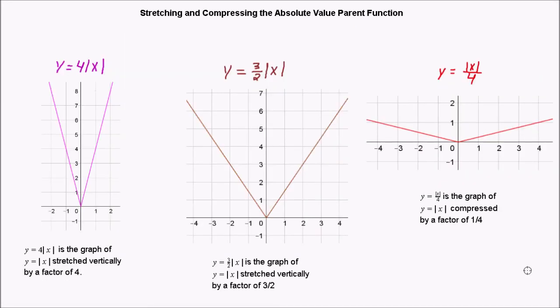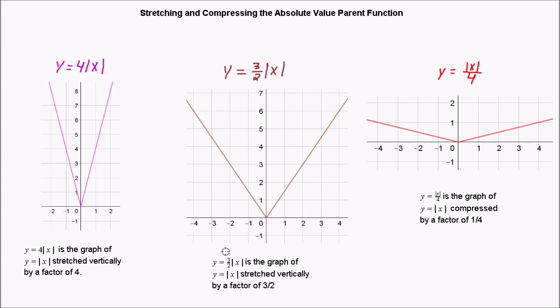All right, here are the graphs of the three equations and a description of the transformations on the parent function. So y equals 4 times the absolute value of x is the graph of the parent function stretched vertically by a factor of 4. You can see that if you were to plot y equals absolute value of x along with this graph.